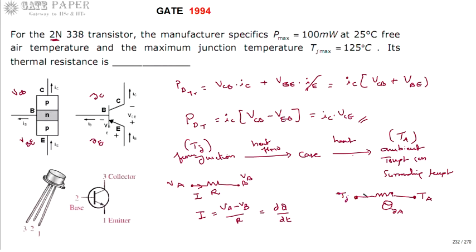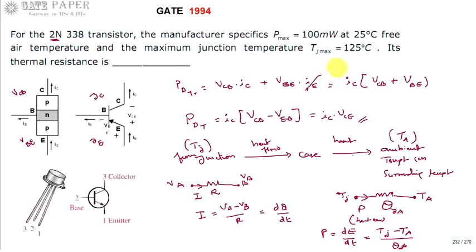What is conducted is power, which is heat flow, because power is the rate of change of heat energy, dE by dt. It is directly proportional to the change in temperature and inversely proportional to the thermal resistance theta Ja.